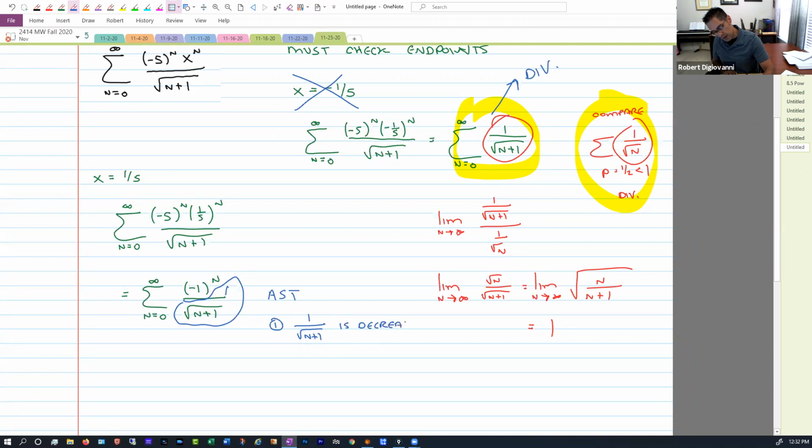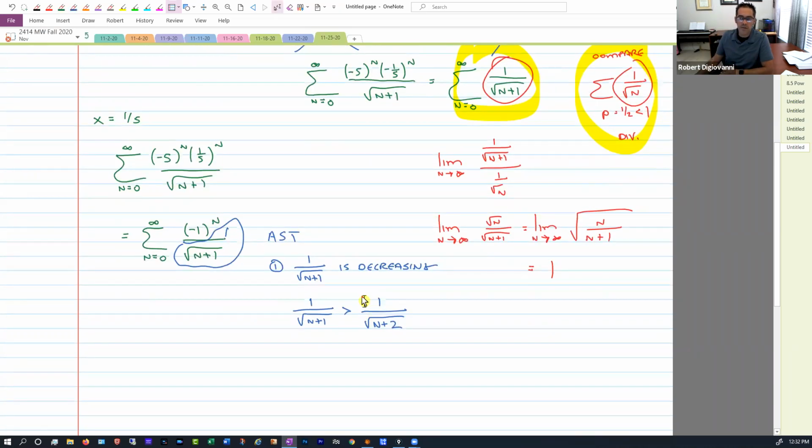We have kind of two options here. We need to show that this is bigger than this. Y'all know what I'm doing there? It's taking the nth one of these and comparing it to the n plus 1. Is this true? I think that's true, right? Because this denominator is bigger than that one.